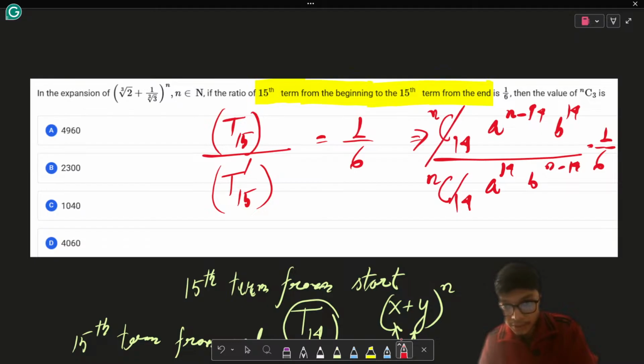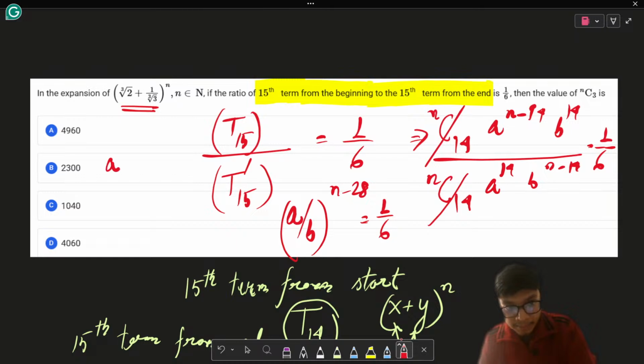So if you simplify this expression, we'll have (a by b) whole to the power n minus 28, which is equal to 1 by 6, right? Now if I evaluate this a by b term, a by b will turn out to be 6 to the power 1 by 3, right?